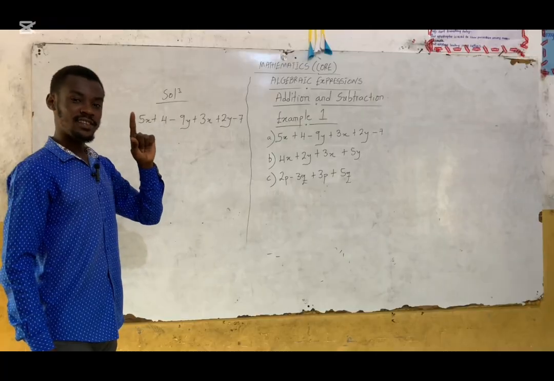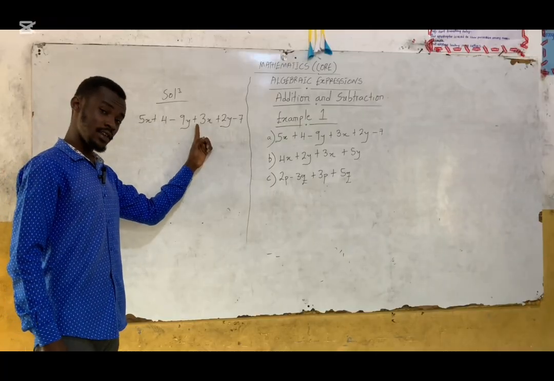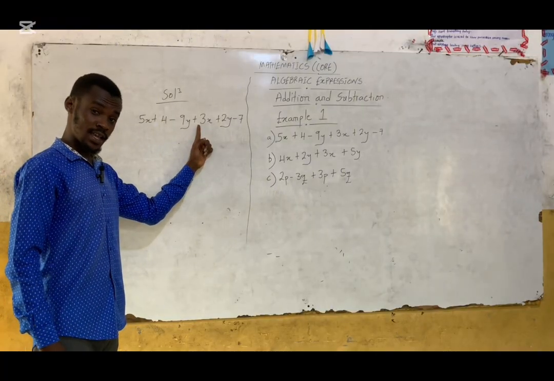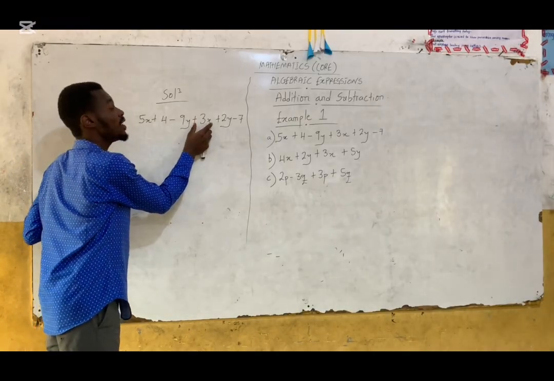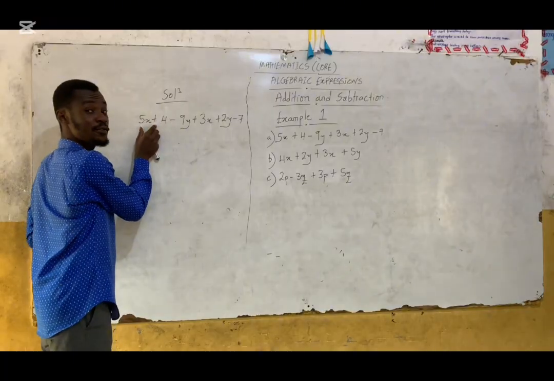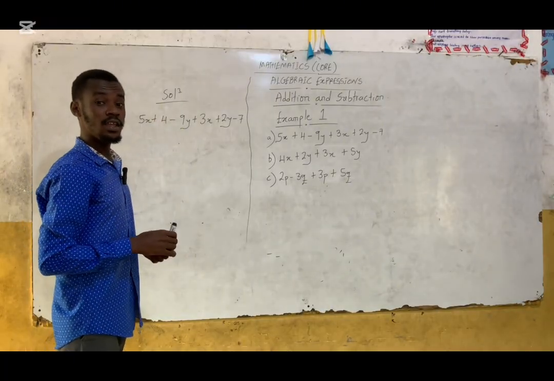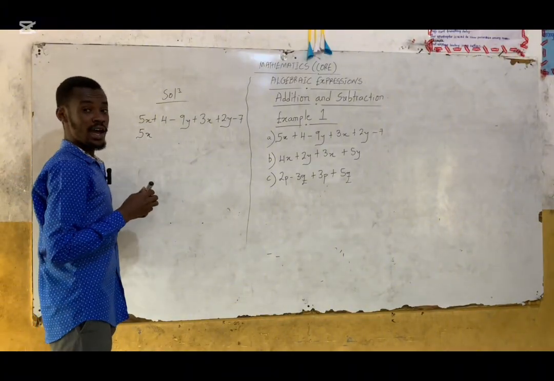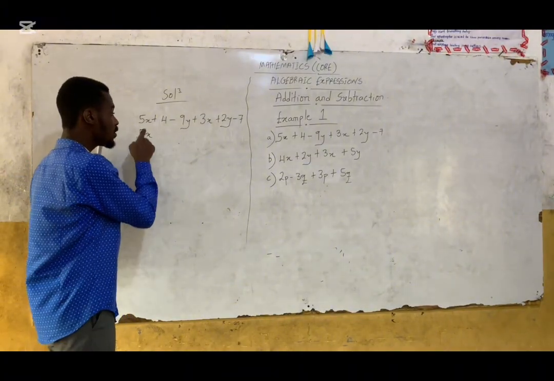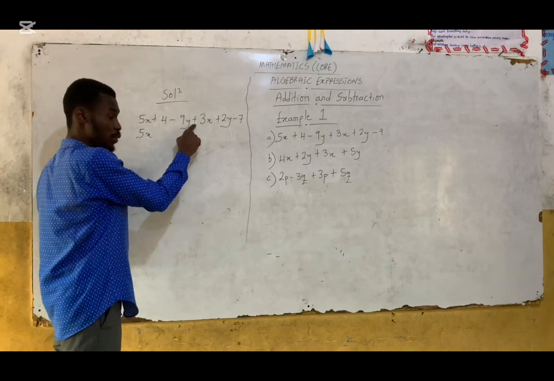Now you check the sign in front of that 3x. That is a positive sign. So you carry that term together with its sign, and you bring it in front of the first term you identified. So 5x is the term we are noticing first. Who is a family member to 5x? Positive 3x.